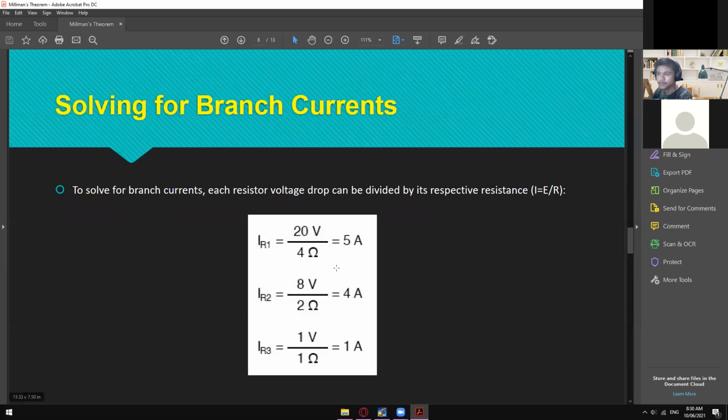Okay, so any questions so far regarding Millman's theorem before we proceed to the next topic, which is the maximum power transfer, which is actually a lot easier, that is, if you know how to solve Thevenin's and Norton's theorem. Anyway, we'll discuss that one later.